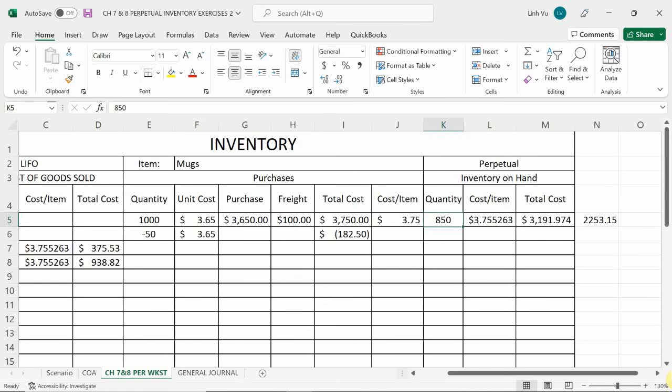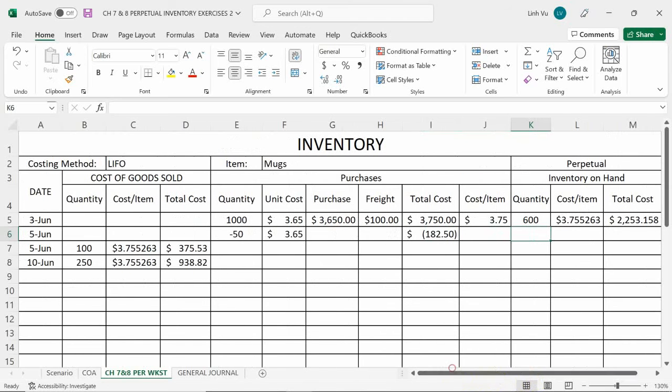Okay, so 850 minus 250 should give you 2253.15. It says 0.8, but that's okay. We'll exclude that little 8 right there, but as long as we know it's 15, because we have a split penny going on, so we have to be very careful with that. Okay. So now I got $938.82.